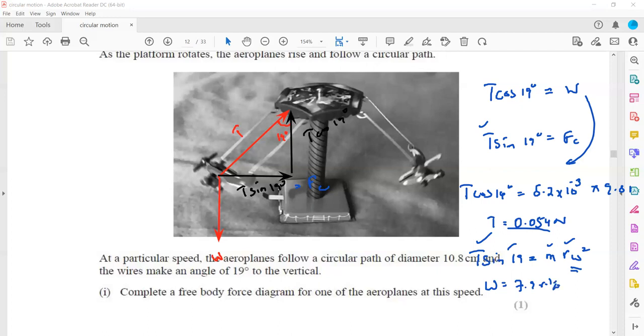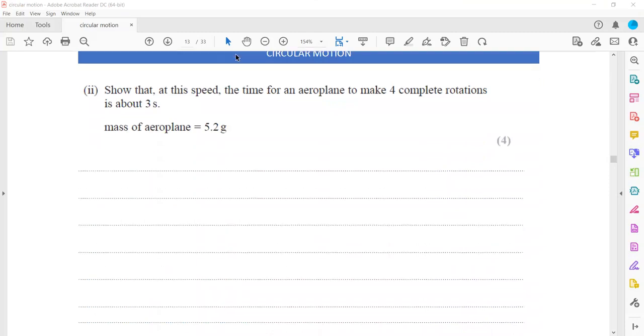Now, in the question, we need how much time it will take for 4 complete revolutions. After getting the value of omega, omega is equal to angular displacement over time. In 4 complete revolutions, the angular displacement will be 4 into 2 pi, because 1 complete rotation is 2 pi.